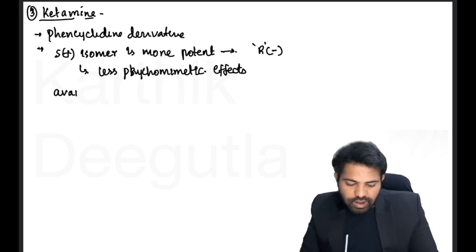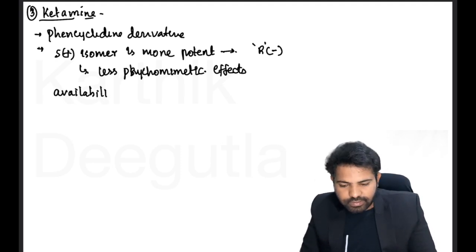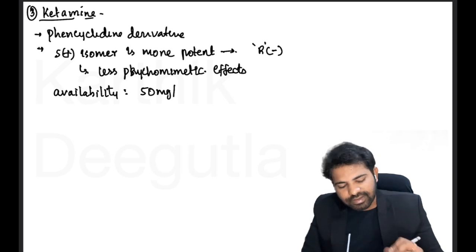Clear? Then how is ketamine available? It is available as a 50 mg per ml vial, a clear, colorless liquid.